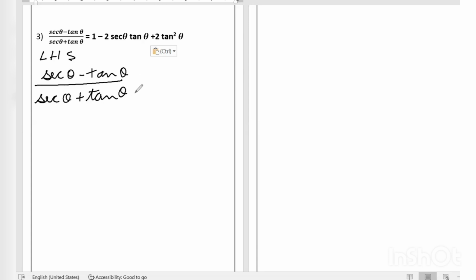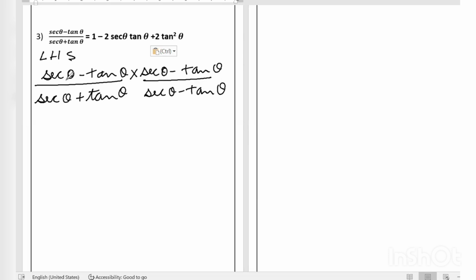Now we have to multiply the numerator and denominator by the denominator with the opposite sign. So we have sec theta minus tan theta upon sec theta minus tan theta.